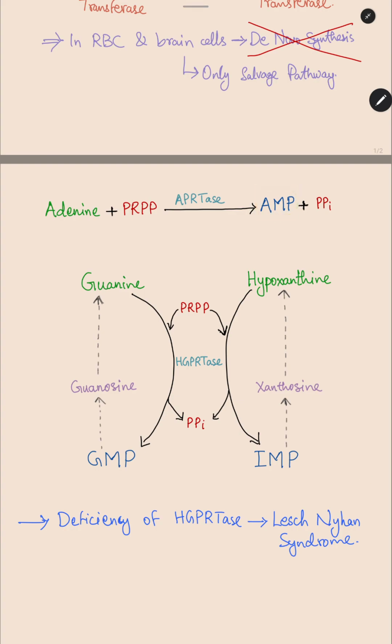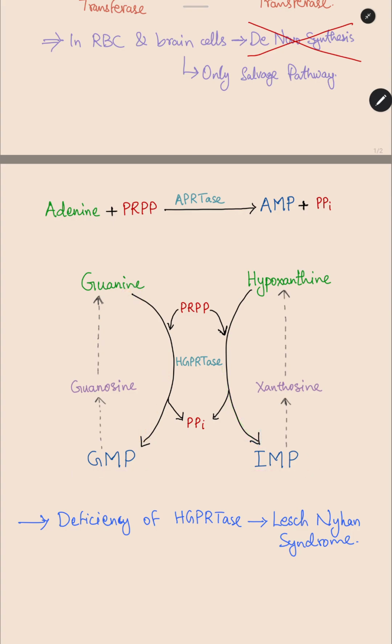Now about the production of GMP and IMP. A single enzyme, HGPRTase, catalyzes the formation of both GMP and IMP. So guanine and hypoxanthine along with PRPP in the presence of HGPRTase give us GMP and IMP respectively.